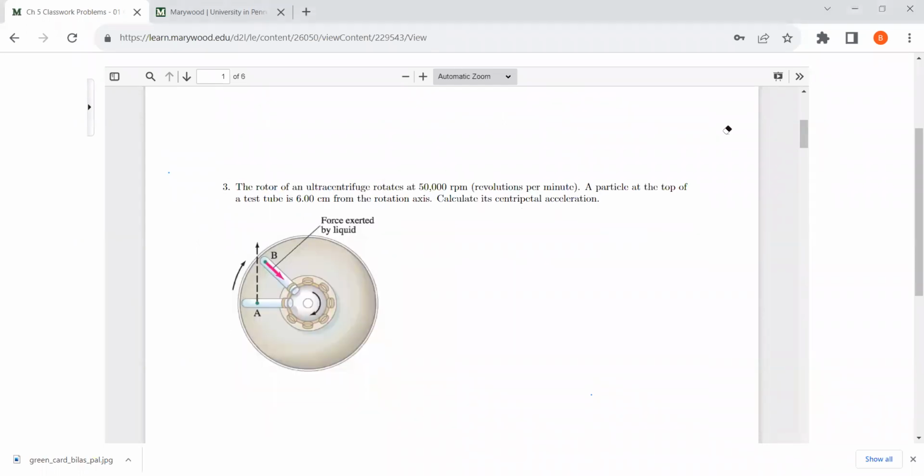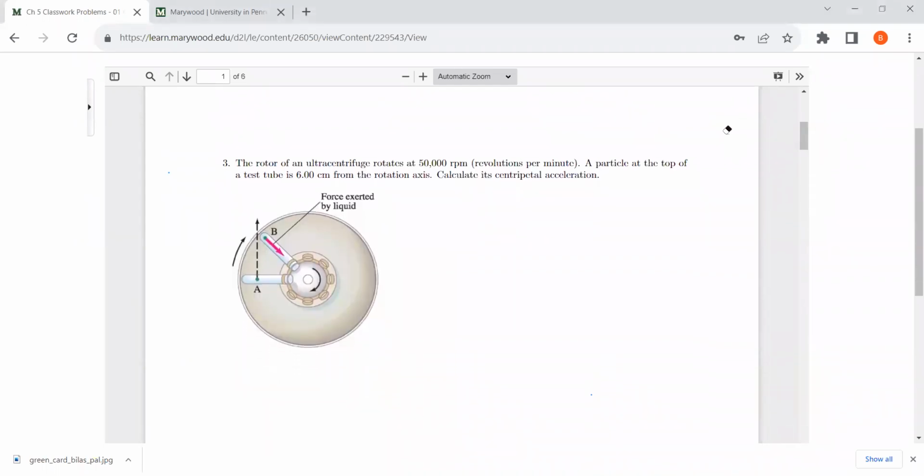All right, the next one is this one. We have a rotor of an ultracentrifuge that rotates at this RPM. RPM is revolutions per minute.